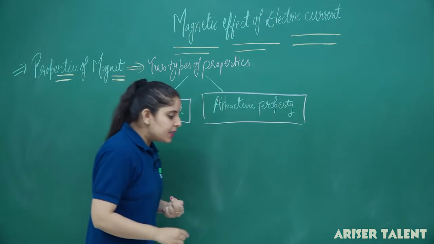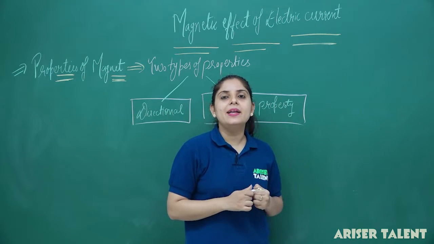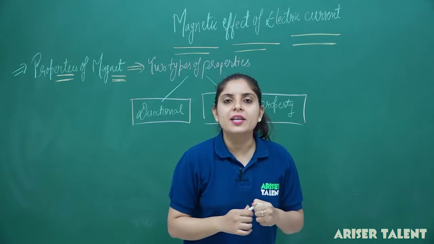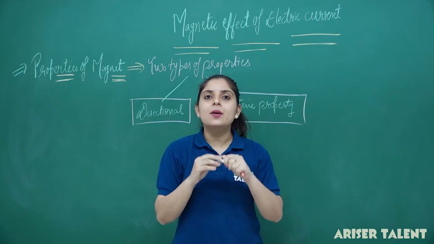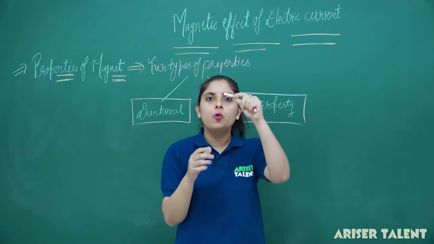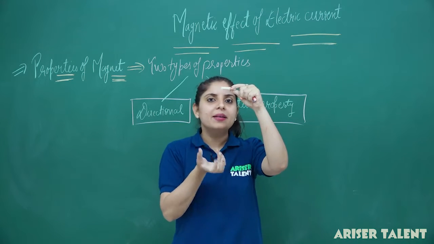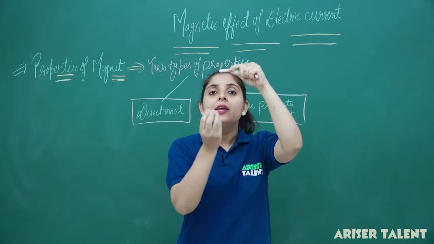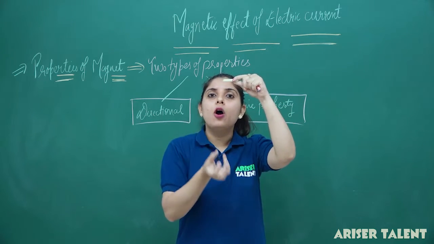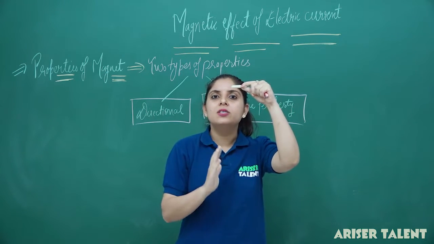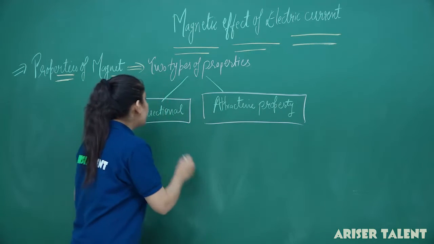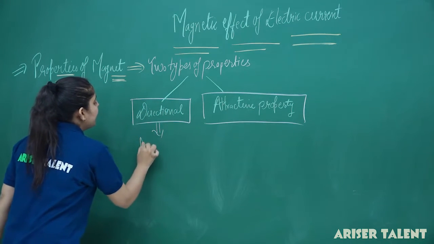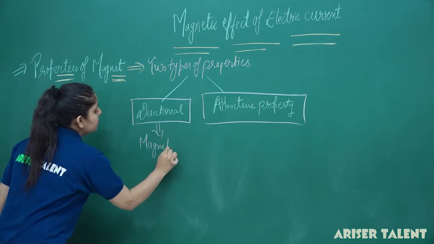Directional property means when you suspend a magnet freely in the north-south direction, it has a tendency to align only in the north-south direction. Suppose I am taking a rod and tying a rope on it and the magnet is suspended freely, then when it comes to rest, it always aligns itself in the north-south direction if you do not disturb it.